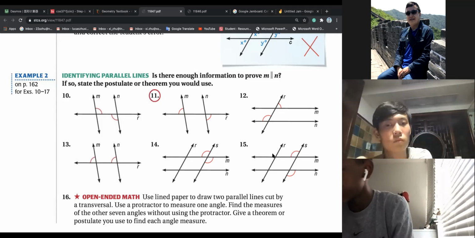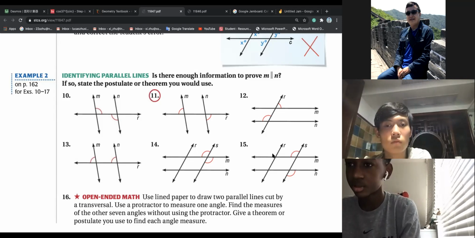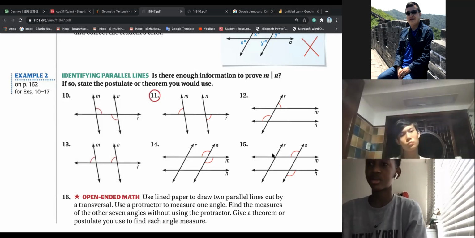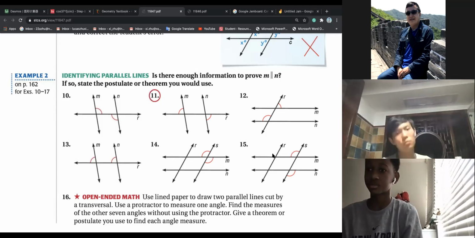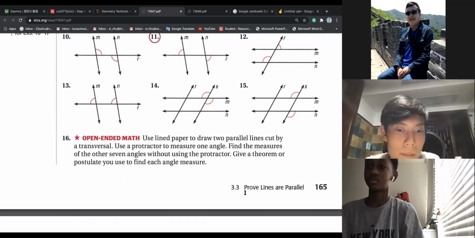Oh, alternate exterior. No, they're not alternate. Wait, they are alternate. Alternate exterior angles converse. Yep, that's it.